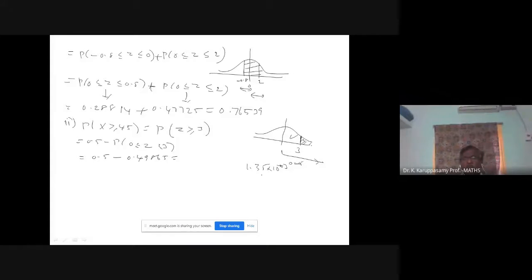If it is so, then after the decimal you put 2 zeros: 0.00135. So this is the probability for x above 45.